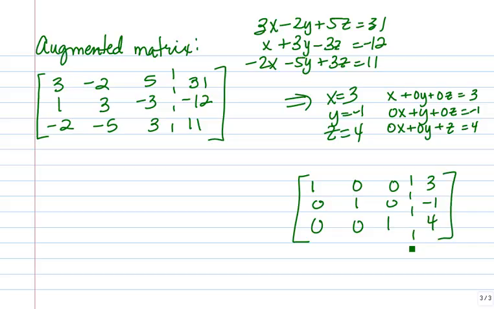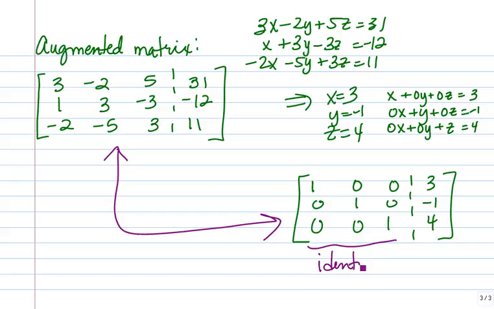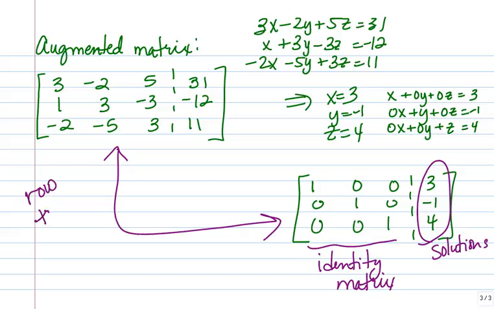So our goal is to perform operations that would get us to this type of matrix. Because if on the left-hand side of this imaginary line, if you will, we have what is called the identity matrix, then we know the solutions are in the right-hand side. Well, to go from one matrix to the other, we can do what's called row transformations.